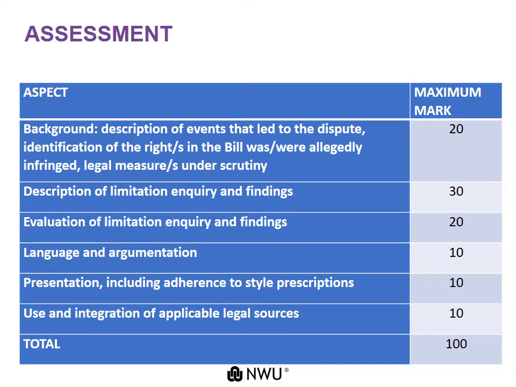How did the court approach this? Findings does not mean that you just copy and paste the order of the court. You have to explain step by step what was the finding on this issue, and then the next issue, and the next.